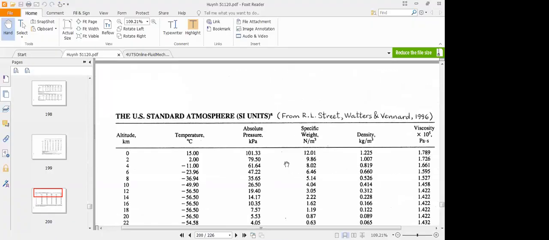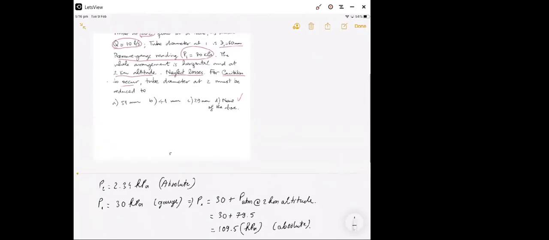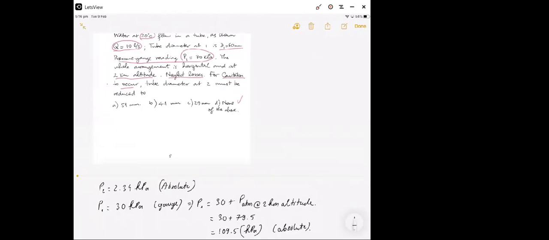At 2 kilometers, the atmospheric pressure is 79.5 kPa. So P1 will be equal to 30 plus 79.5, or 109.5 kPa. This one is absolute P1. So maybe this is where the problem is.